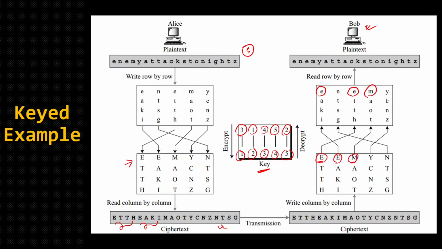Similarly, Y, which is at position 4 in the ciphertext, will be changed to position 5 in the plain text. And lastly, N, which is at position 5, will be changed to position 2 in the plain text. So this is how you decrypt it. The key is used in the reverse order, and then you have the plain text at Bob's end.